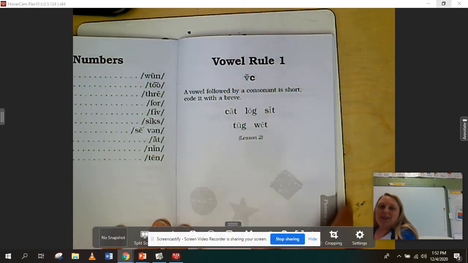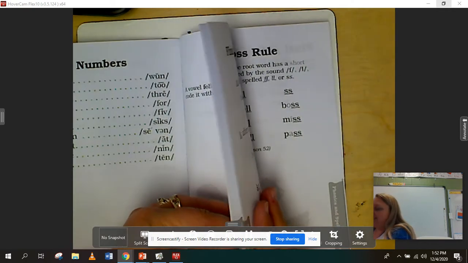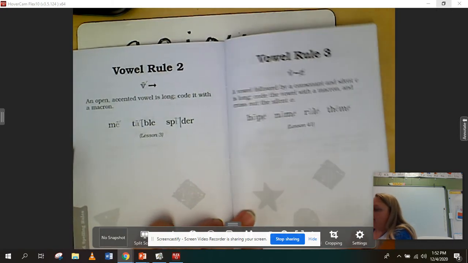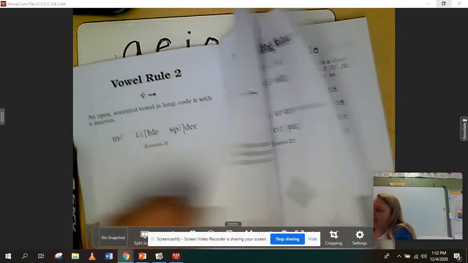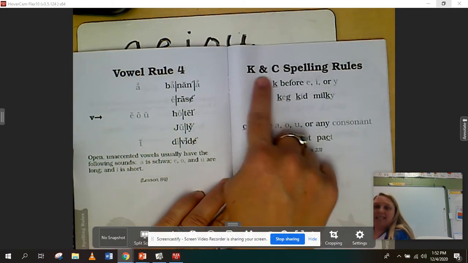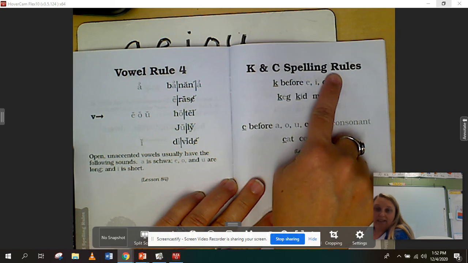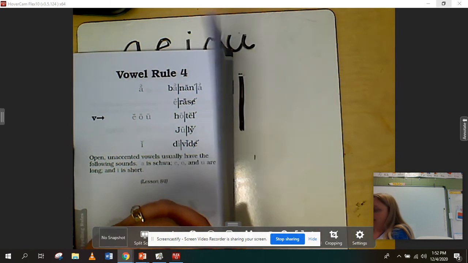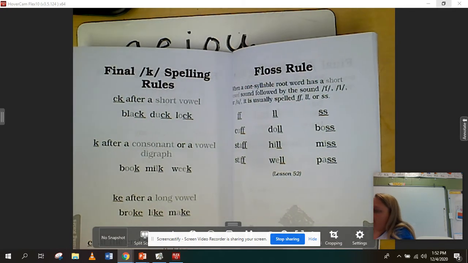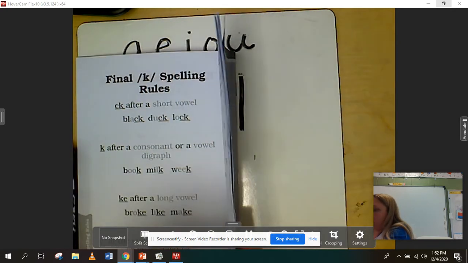Vowel Rule One we've gone over. We've gone over, all are double letters. I was looking for that. Oh, we've gone over the K and the C spelling as well. And then we've gone over our double letters.